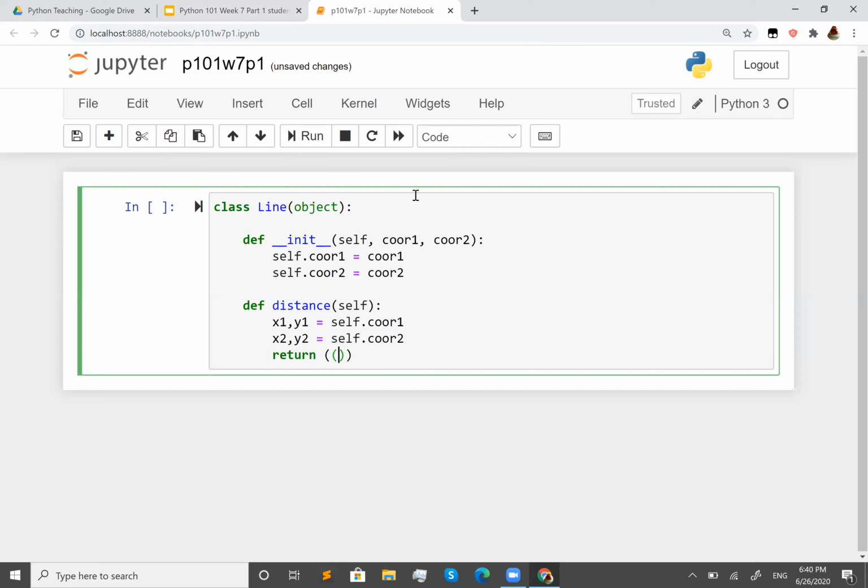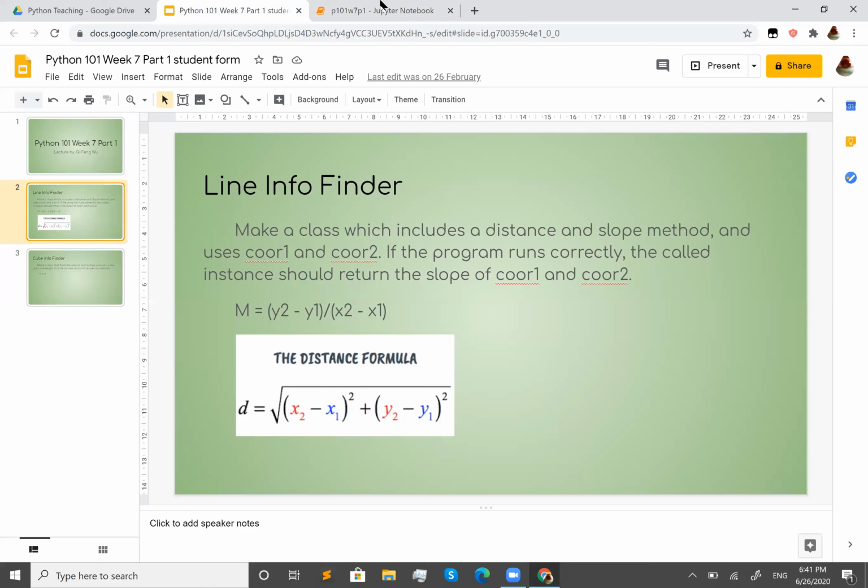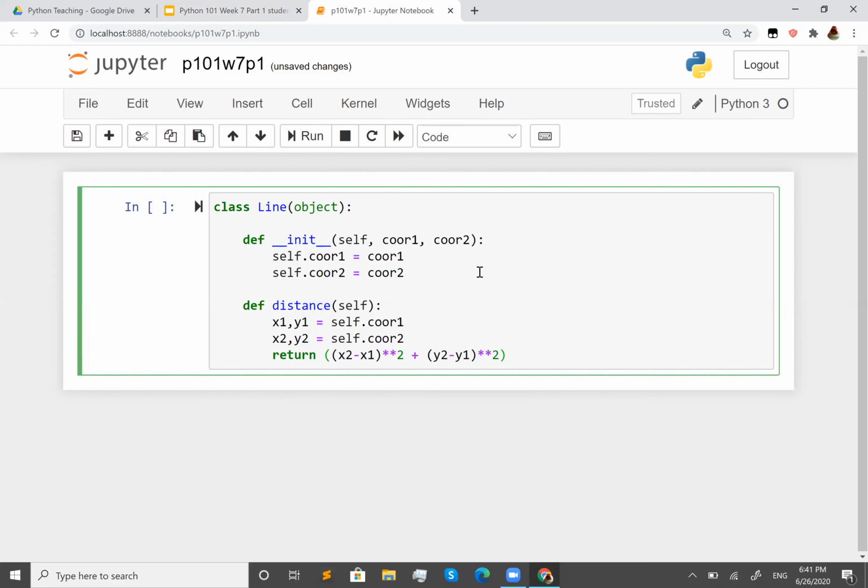First we have x2 minus x1 to the power of 2, plus y2 minus y1 to the power of 2 again. So I think that's, yes, okay, that's that. And we're gonna square root this.